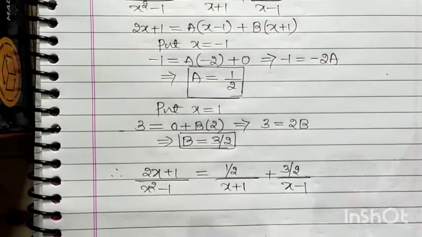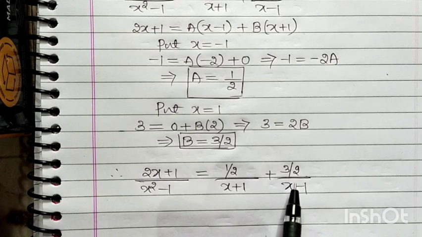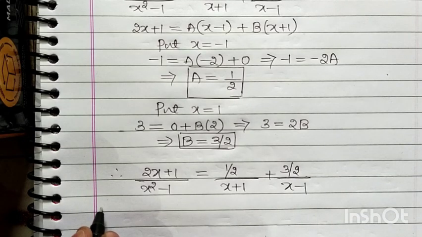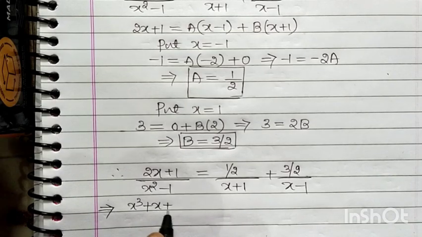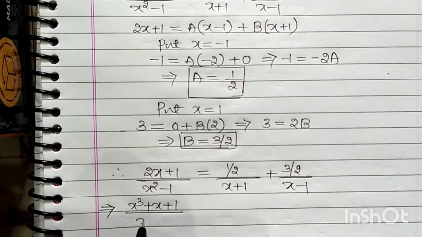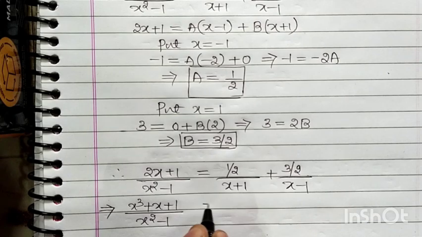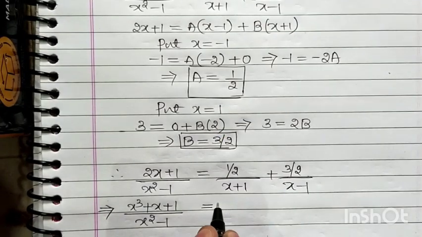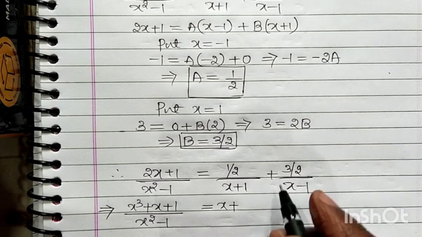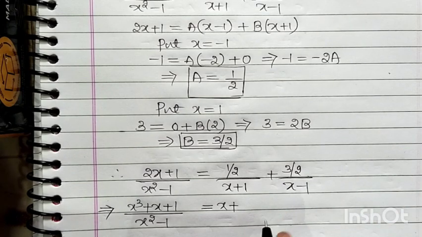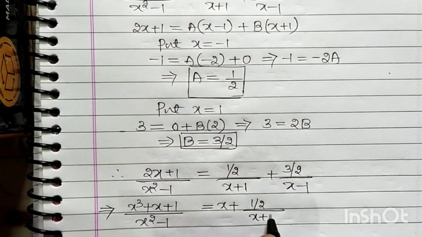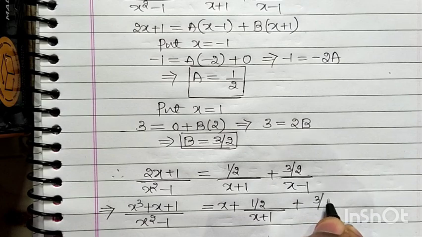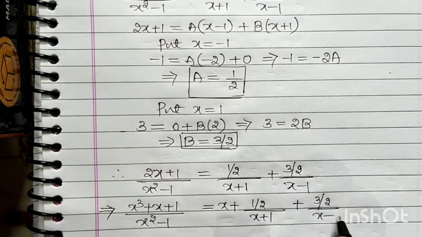This implies x cube plus x plus 1 divided by x square minus 1 is equal to x plus 1 by 2 divided by x plus 1 plus 3 by 2 divided by x minus 1.